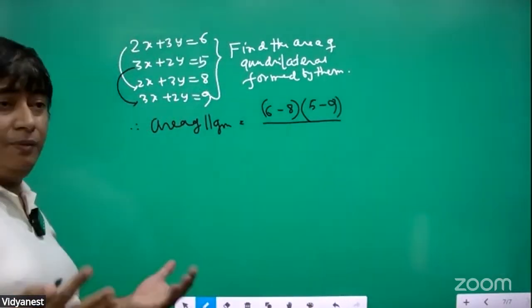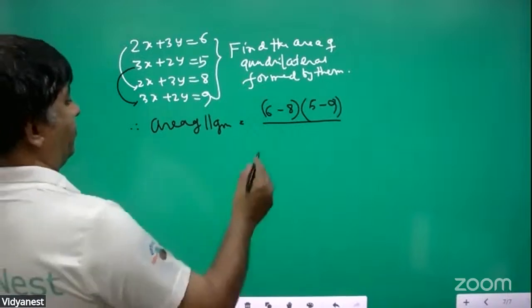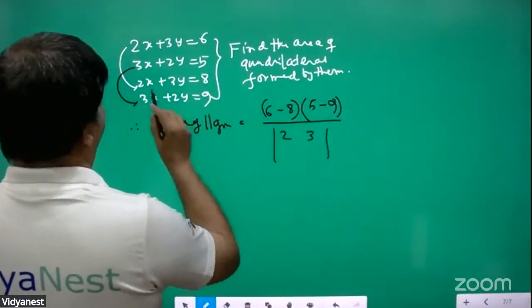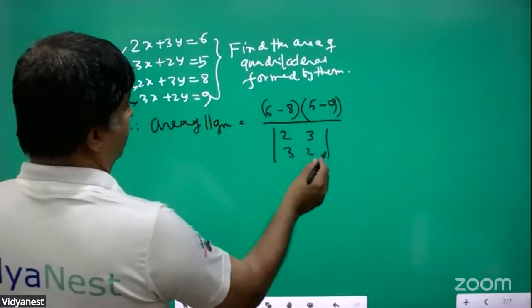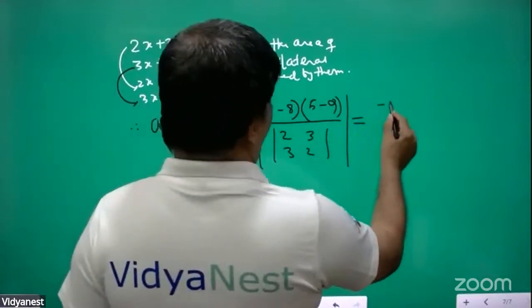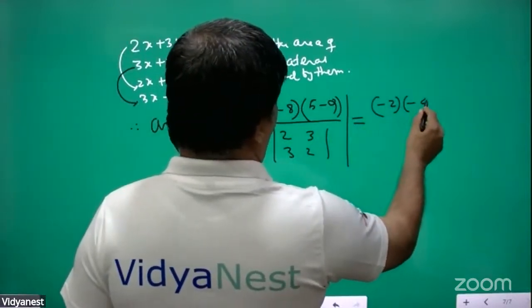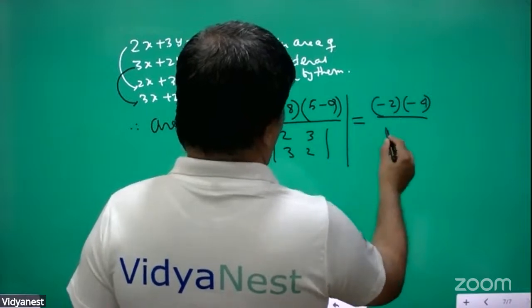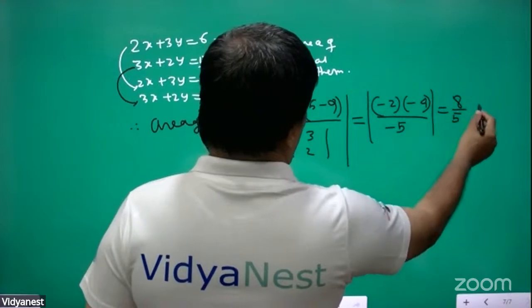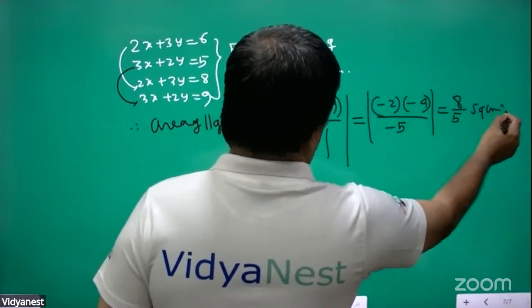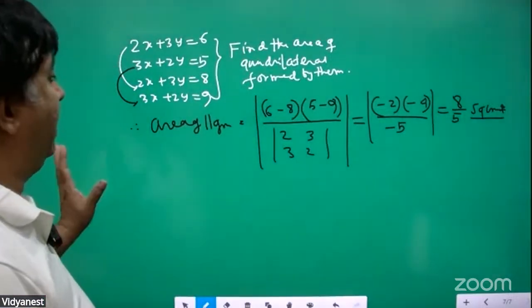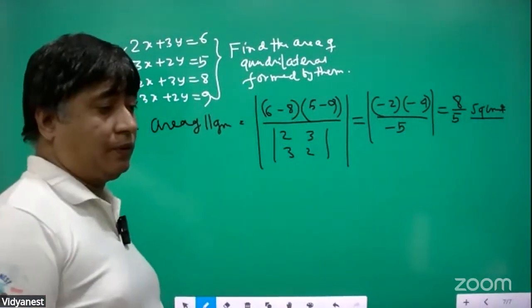Plus or minus, whatever it is, will be absorbed in the mod. So you see your job is so simple, no need to do the conventional method. The answer is 8 by 5 square unit. Okay, this is the area of the parallelogram.